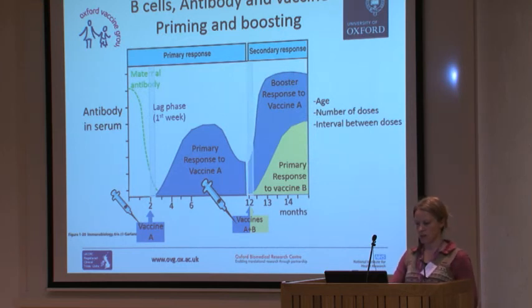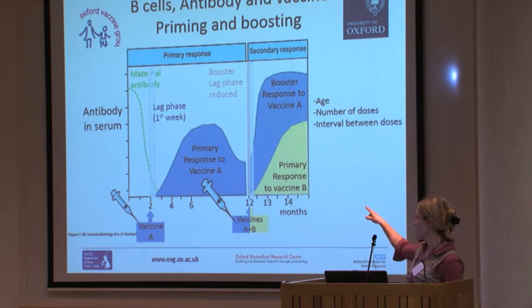But the lag phase to the primary response is still a week-ish, whereas to the booster vaccine, this is reduced down to a few days, and so you've already enhanced the immune system because you've got this more rapid response to your booster vaccine compared to your priming. So really what the priming does is help get you through the first 12 months while your immune system is maturing.